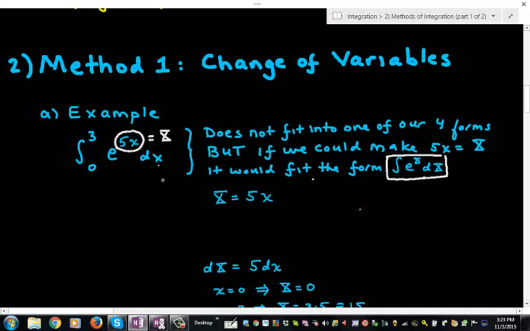of small x. So what I'm going to do is I'm going to start off with my change of variables. Capital X is equal to 5 times small x. I'm going to take the derivative of both sides with respect to small x, and I'm going to simply multiply both sides by d of small x. And when I do, I'm going to get this result right here.